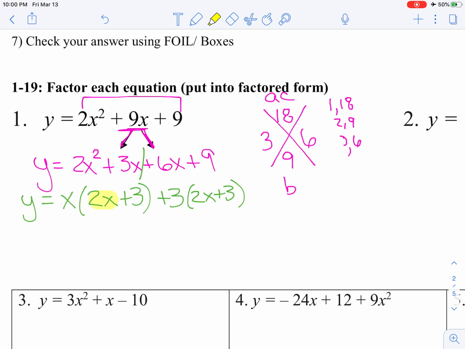Are my two sets of parentheses exactly the same? They are. So if they are the same, I write down the y, I write down what the highlighted portion would be, and then the leftover portion. And voila, you have just factored a trinomial.